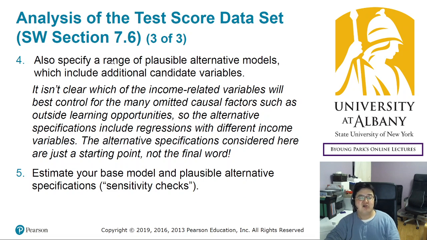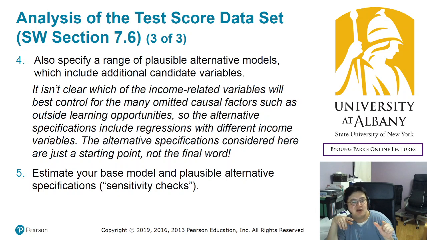And alternatively, the next step is that for the same factor, different variables may be capturing the same thing. It's related to multicollinearity. For example, parents' income must be closely related to parents' education level.